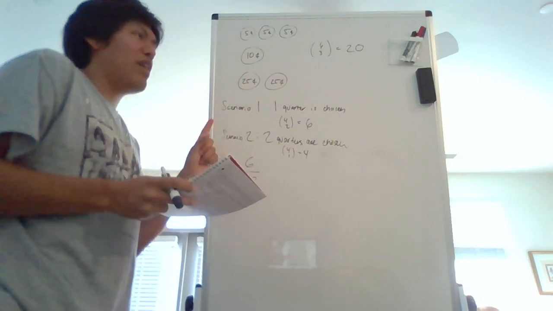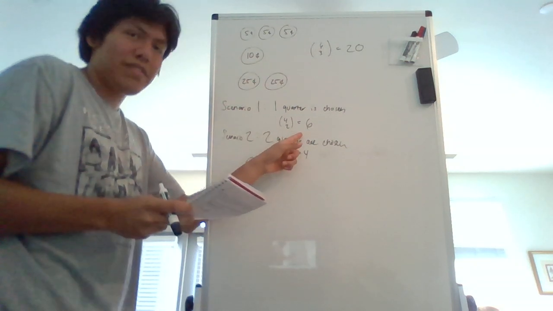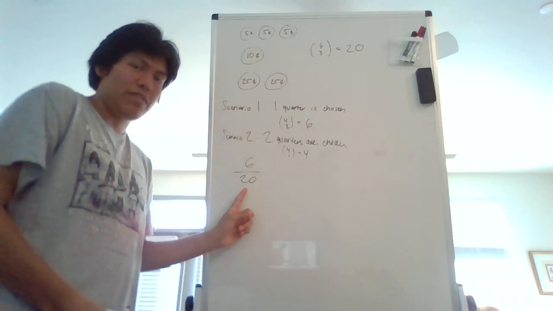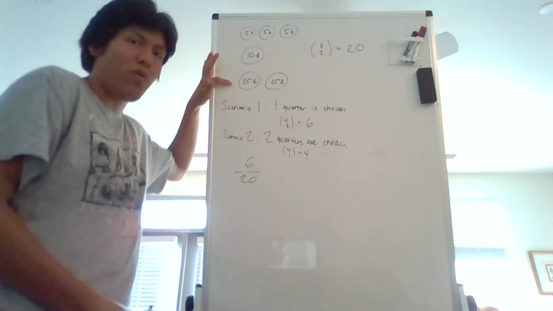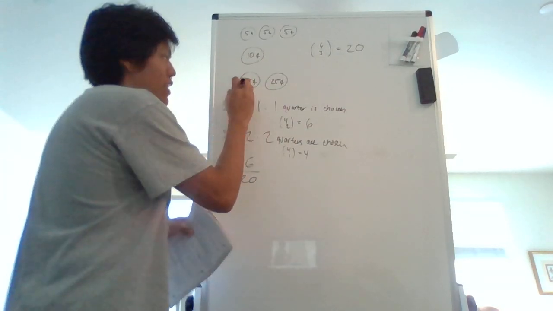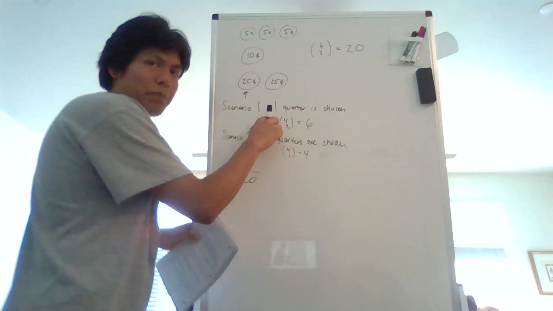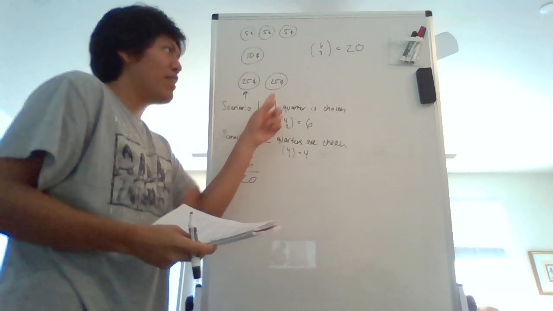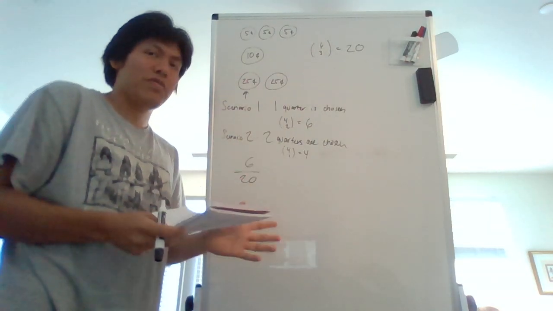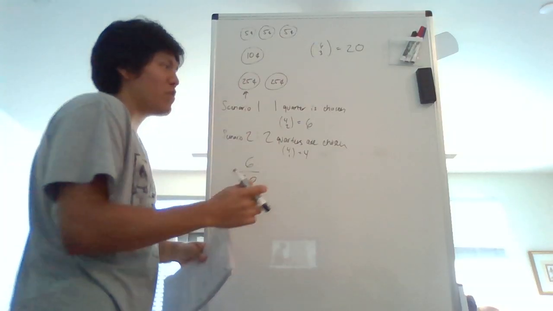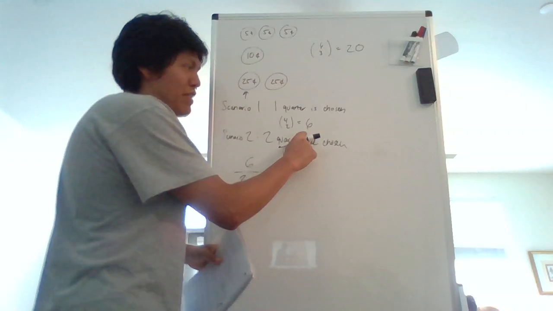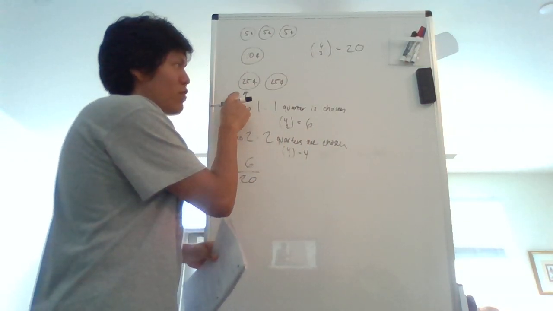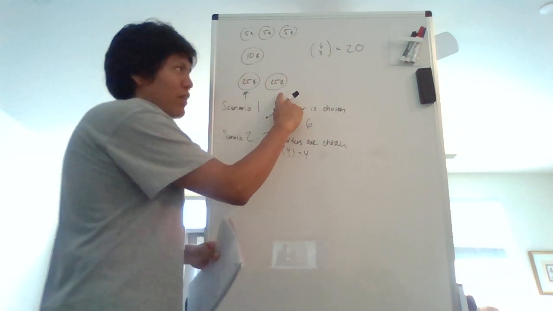Now, we actually have to add this 6 over 20 again. This probability is the probability of us choosing 1 quarter. Let's say we chose this quarter right here. But we also have to realize that there is a second quarter that could have been chosen, right? That's what I mean by we have to add this probability a second time, because in scenario 1, we either chose this quarter or we could have chosen this second quarter.